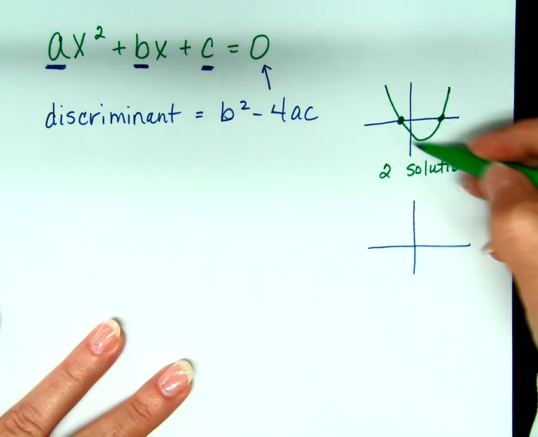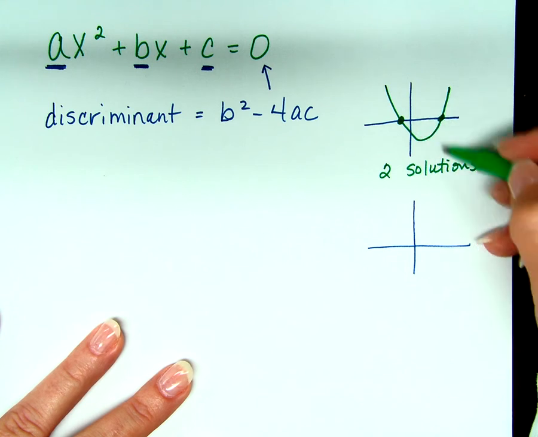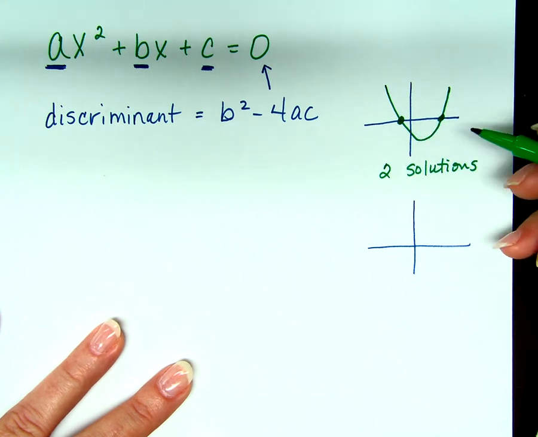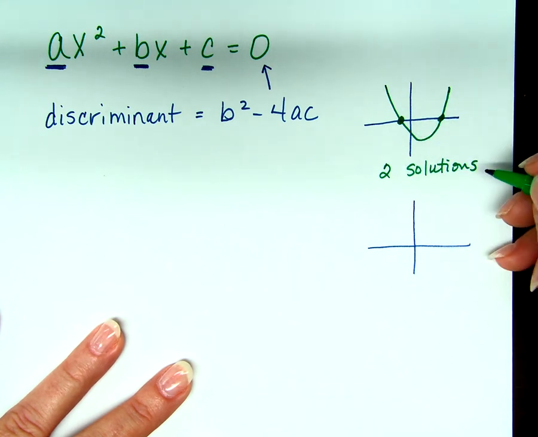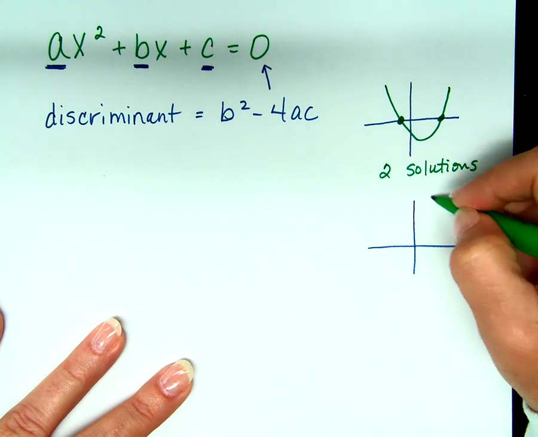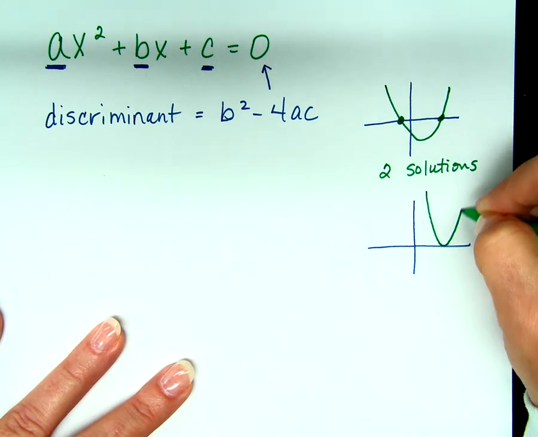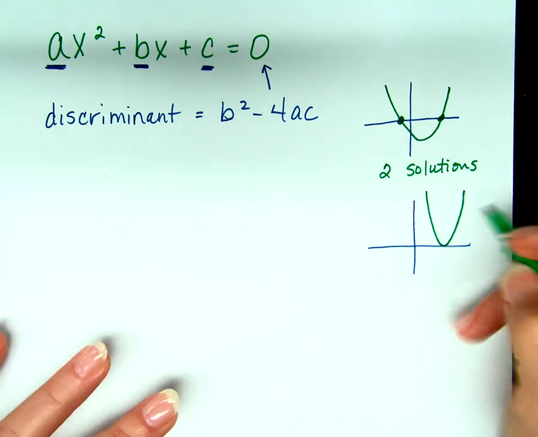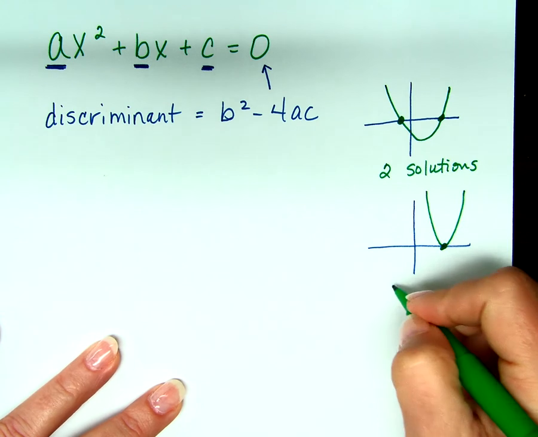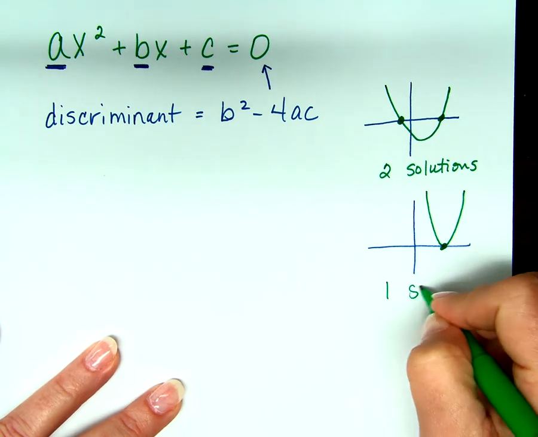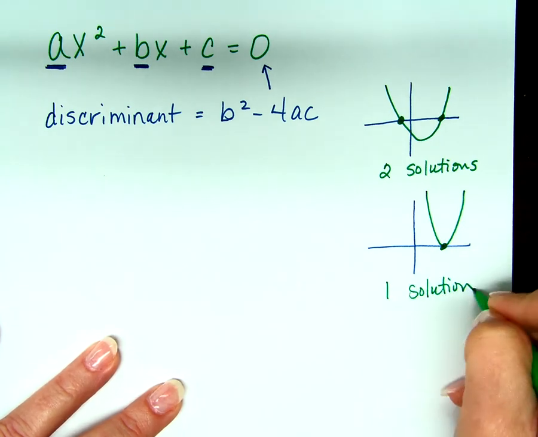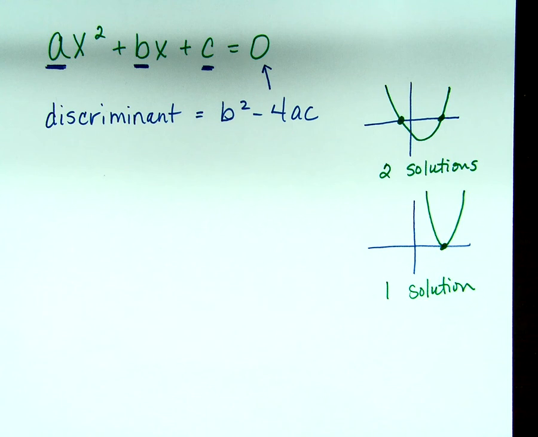So it has to be this shape, either this way or upside down, right? But how could it only cross the x-axis once? Oh, yeah. If the vertex touches the x-axis just like that, right? So you want me to say one solution? I'm okay with that. We'll fix it in a minute.